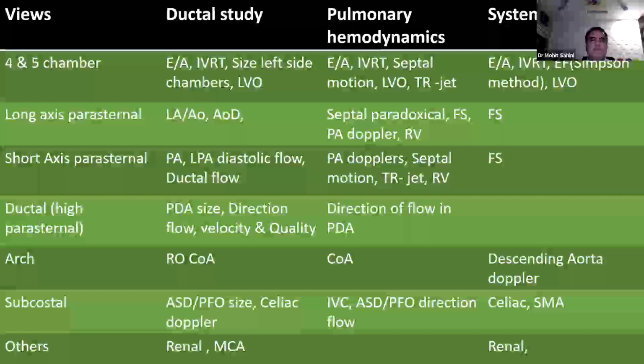In transverse, we have situs view, atrial view, and then longitudinal, we have the IVC, and then the abdominal aorta. So these are the views in a nutshell. There are many specialized views, but this is a basic workshop. So that's why I have stuck only to the basic views.